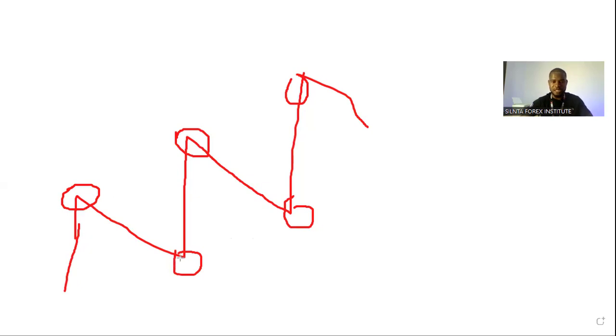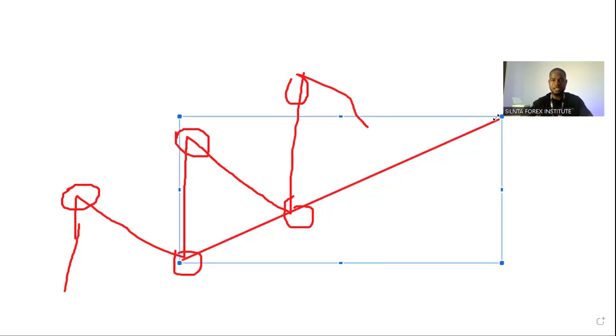You take this straight line. These are tools you will find on your MT5. You connect from the tip of the first support to the tip of the second support, in an uptrend. So this straight line, that is what is known as a trend line.